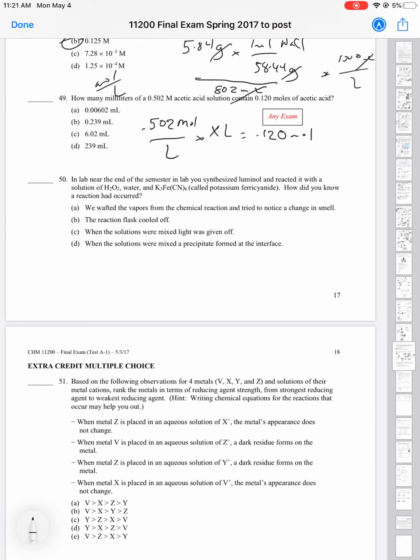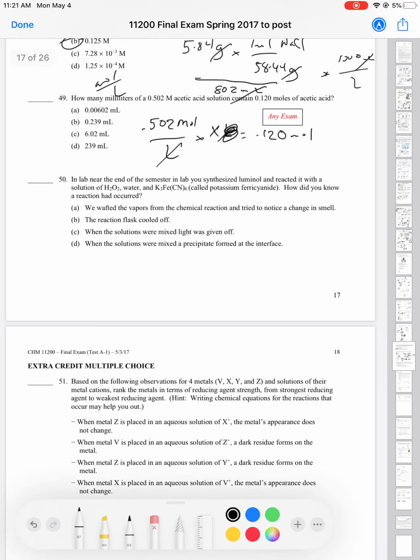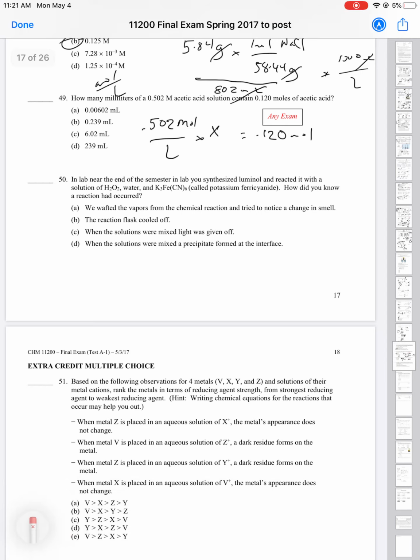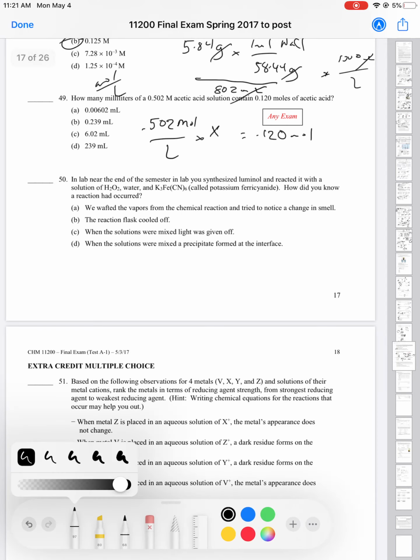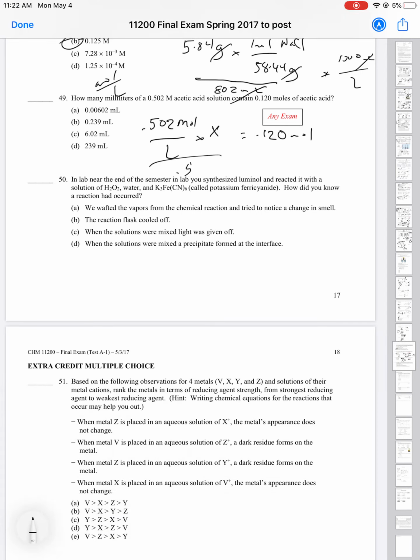So we're basically trying to solve for X. So we'll divide both sides by 0.502 moles.